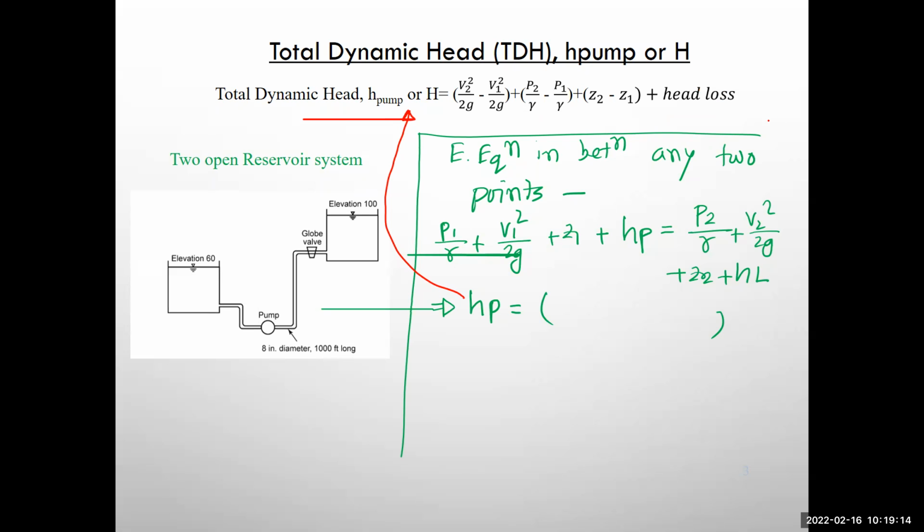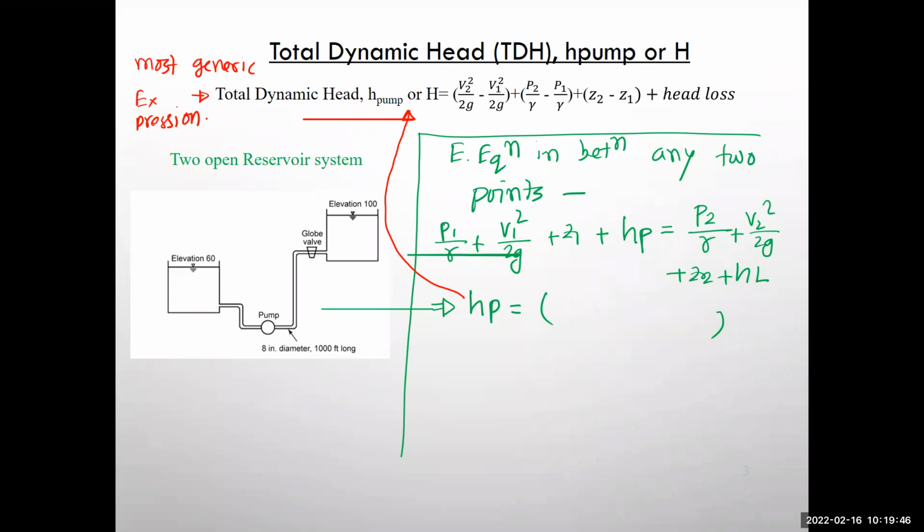So this is the general expression, but you already know there are hundreds of situations where we don't have any pressure, where we know the velocity is 0, something like that, right? So we will try to come up with 2 expressions for the 2 most common cases we will encounter in this course. So this is the most generic expression. Okay.